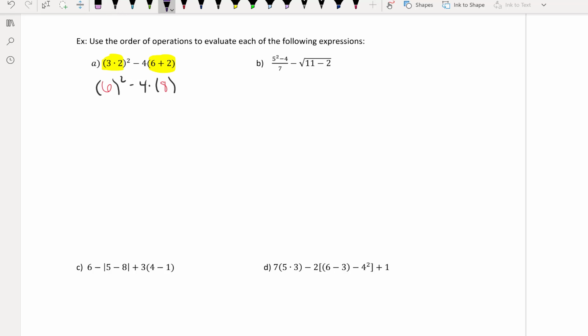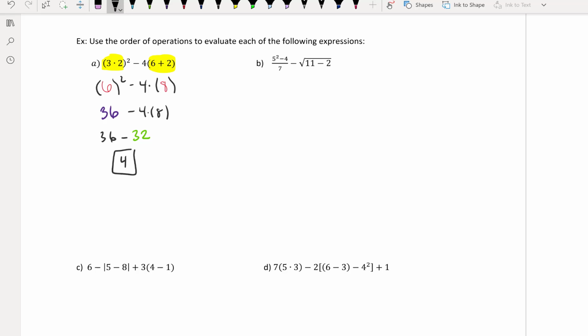So 6 squared is 36, 6 times 6 is 36, minus my 4 times my 8. The next thing that comes along is multiplication. I have 4 times 8, which is going to give me 32. So 36 minus 32 will give me a 4 for my final answer.